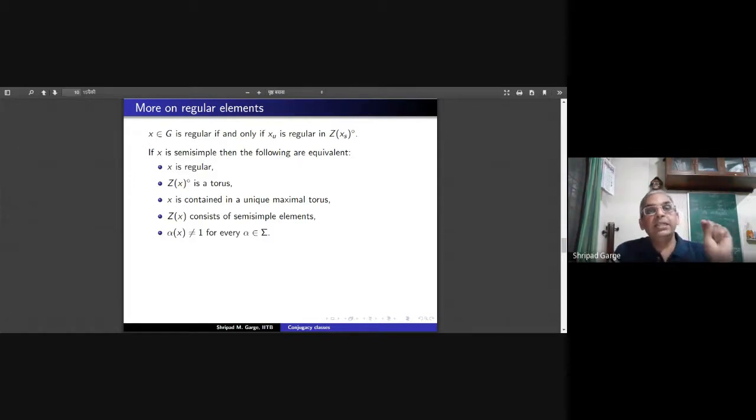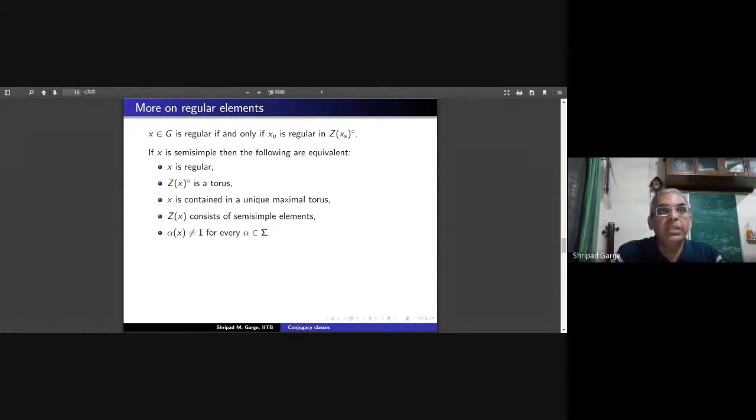And this statement says that ti upon tj is never 1 whenever you take any two i and j. And therefore all the entries in the regular semisimple element, all the eigenvalues, will have to be distinct. So this is when X is a semisimple element.